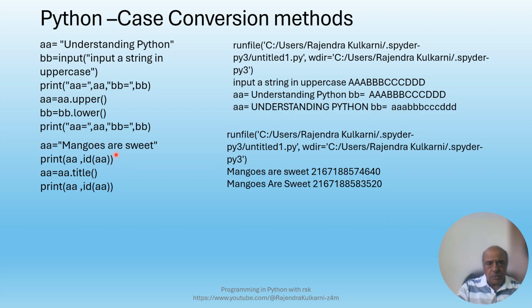Earlier, "mangoes are sweet" in lowercase was a different object; now the new object created with the dot title method points to a different object, whose ID ends with 3520.